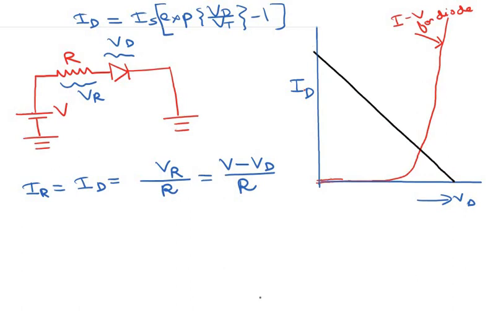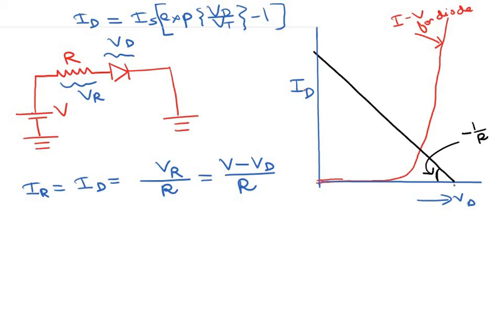So it looks like this, where the slope is minus 1 by R.